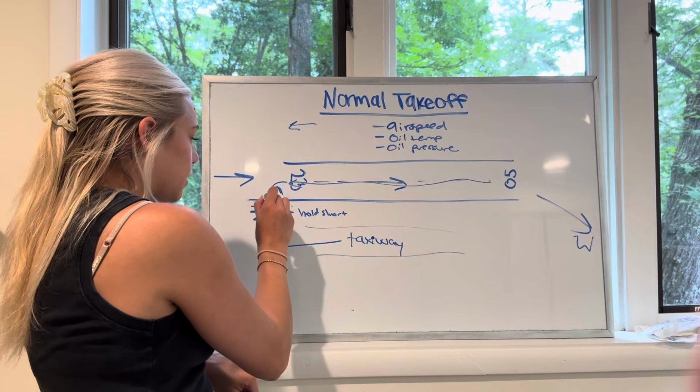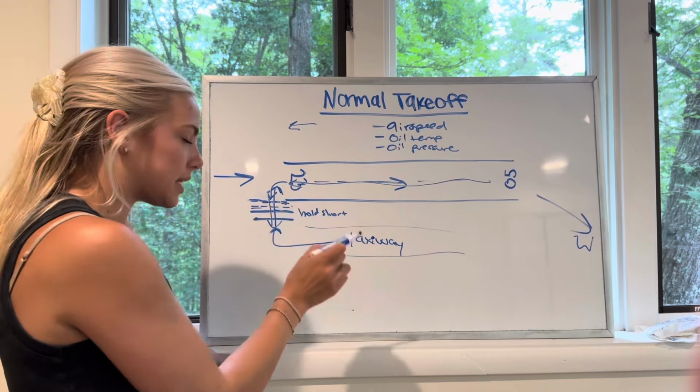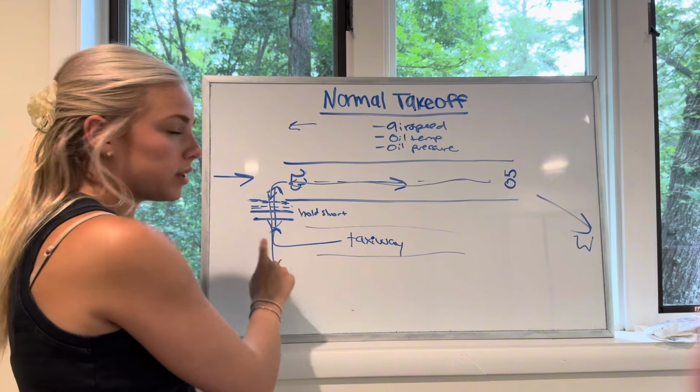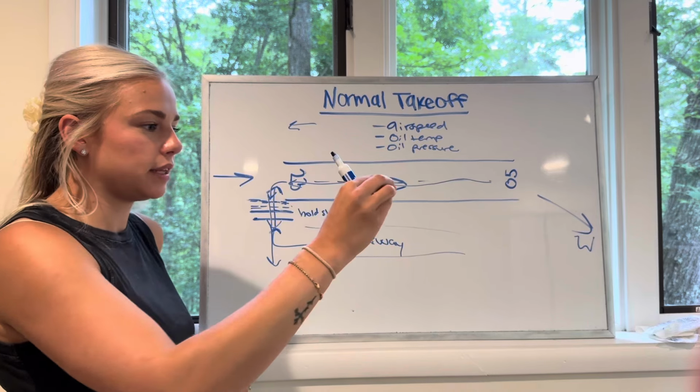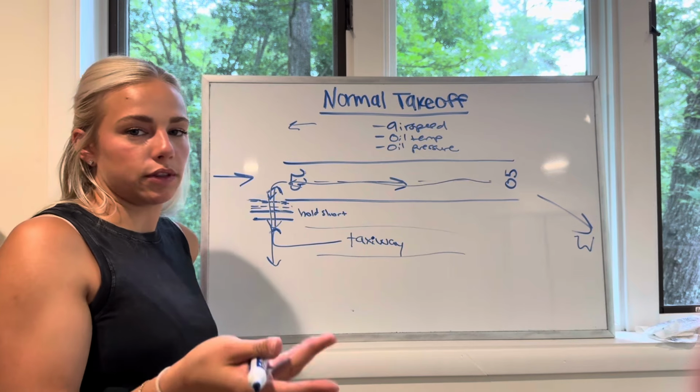So we're just gonna go ahead and move right over those lines because we have the dash lines on our side. We're gonna get all the way over these solid lines, so our tail should be completely over the solid lines. And then we're gonna say clear of the runway.